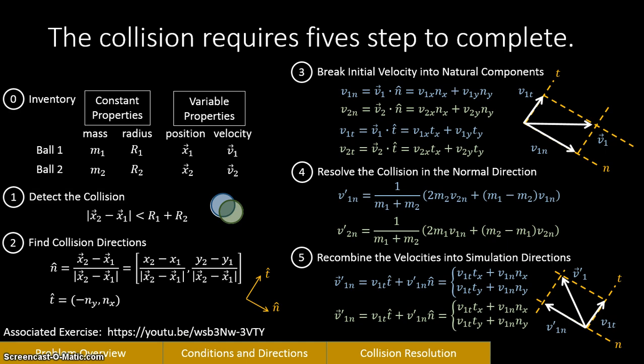The other direction is the one where none of the action happens. That's the tangential direction. The x component of the tangential direction is minus the y component of the normal direction, at least the way I've drawn it here, and the y component of the tangential direction is the x component of the normal direction.